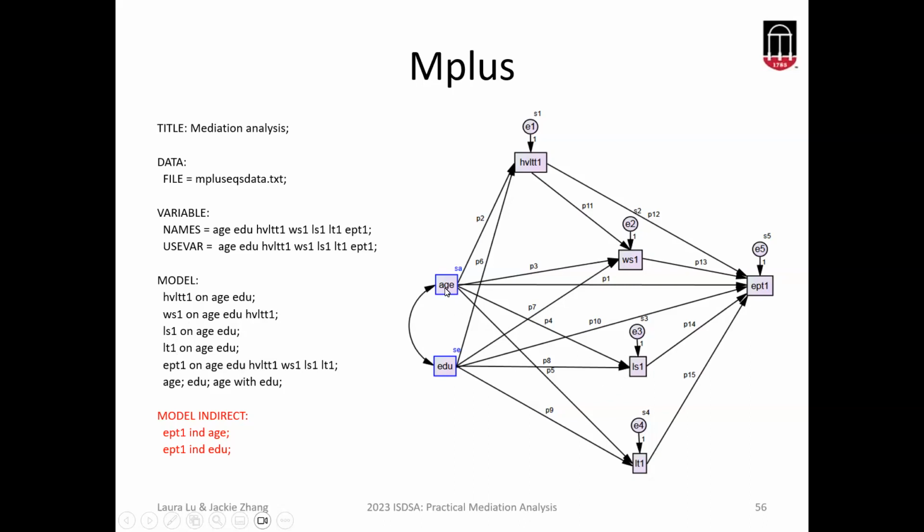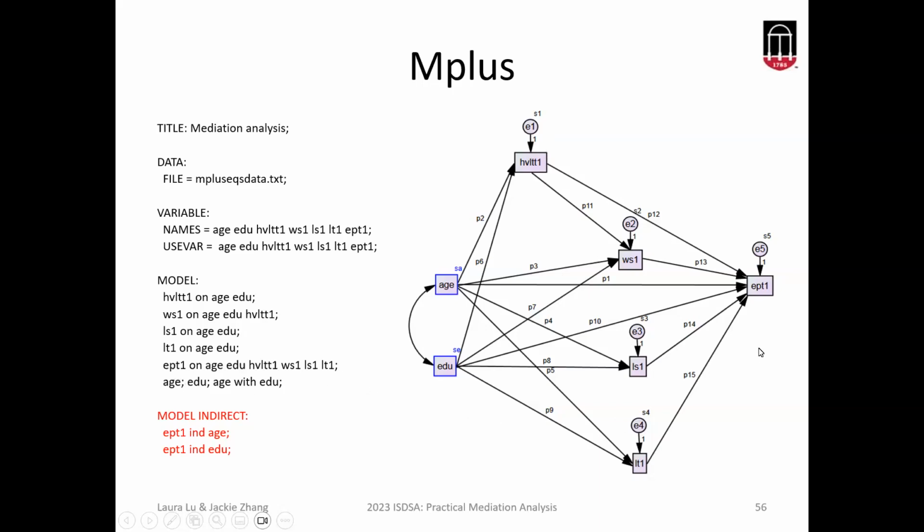LS here is regressed on these two, and the LT is regressed on these two. Some people might argue that they want a path from here to here. That's fine. That's your model. You have to have a pre-assumed model. So in this model, we just have HVLTT to WS. Of course, you can also add the path from here to here.